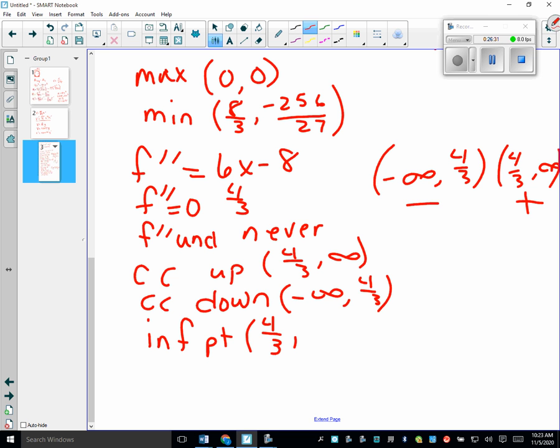What do I get when I plug it in the original? I have one blank left.